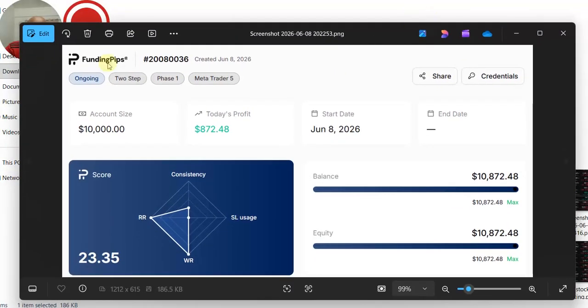If you'll see, this is the Funding Pips 10,000 account, and the one day profit was on June 8. I started this account, and in one day I made around $872, right? To pass the account, you need to make around 8%, which I did very easily, very comfortably using proper RR, proper win rate, and proper SL and all.